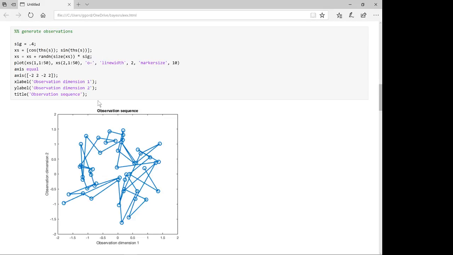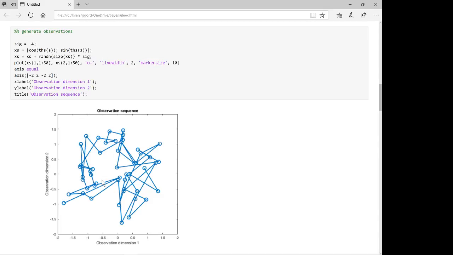The expected value of the real vector, so it's a two-dimensional real vector, is going to be cosine theta, sine theta, where theta just goes around in a circle from the value of 1 to the value of 100. And we don't see it exactly. We get some noise with a given standard deviation sigma.